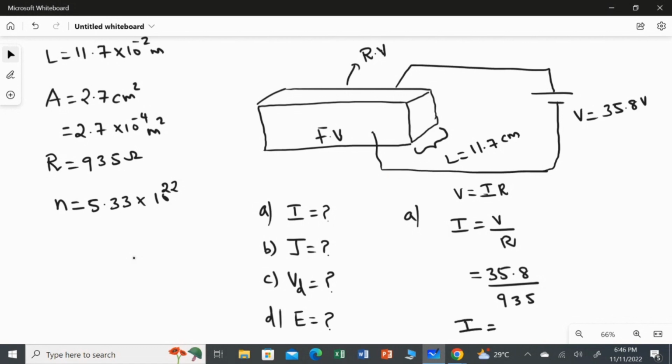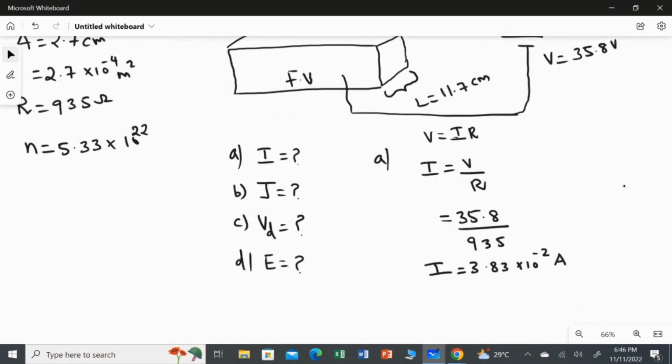The answer is 0.0383, which is exactly 3.83 multiplied by 10 power minus 2. What's the unit for the current? The unit is ampere, A. Clear? So this is the answer for the first question.